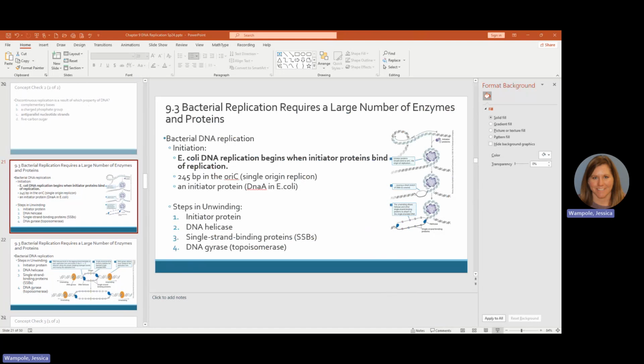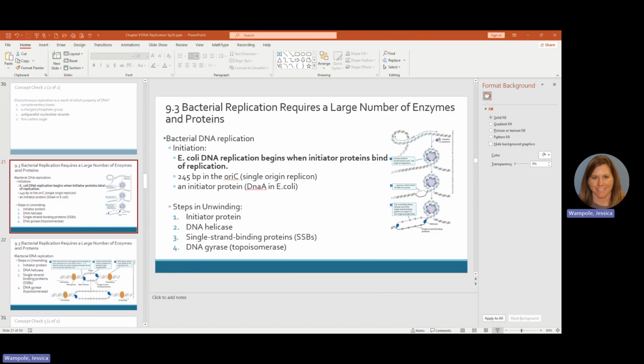These initiation proteins are going to direct all of the other proteins into the DNA replication origin and DNA replication complex. So we're going to see some parallels when we get to transcription. We're going to have some initiator proteins coming in, all to guide the correct enzymes into the right place.